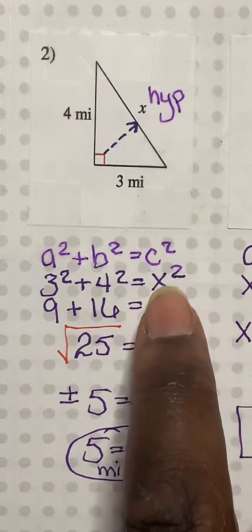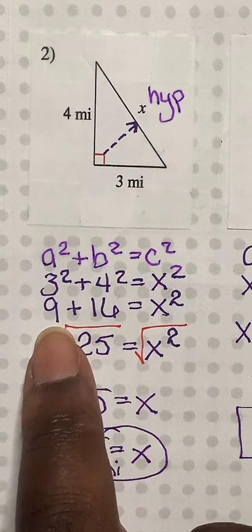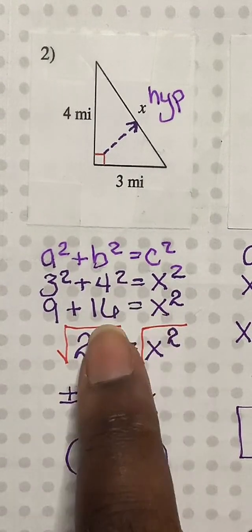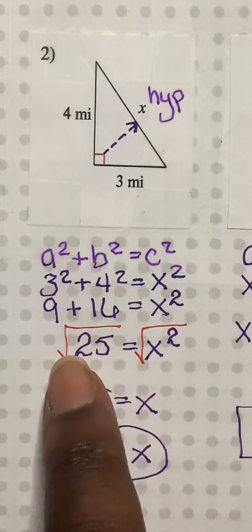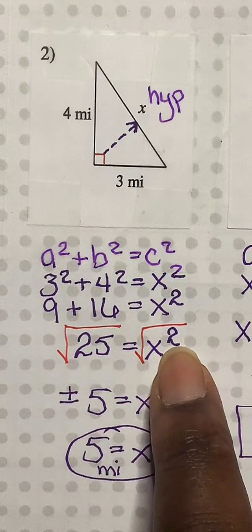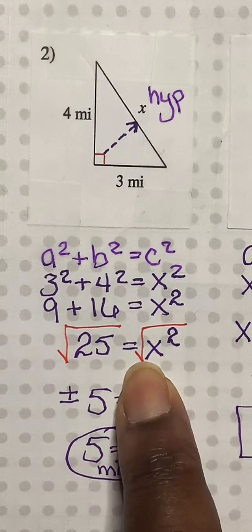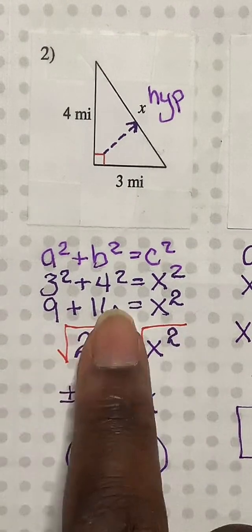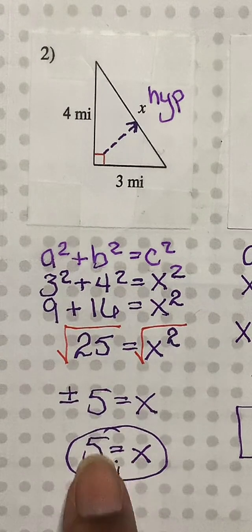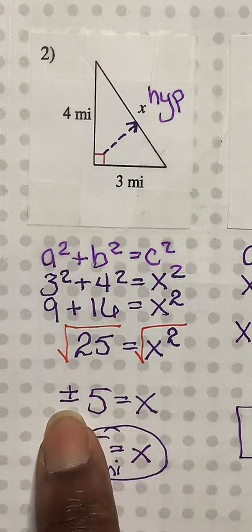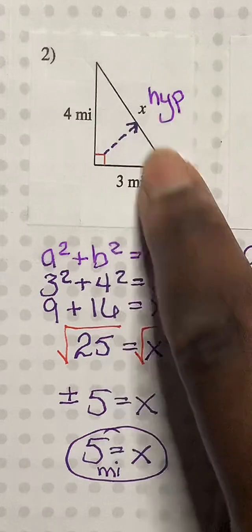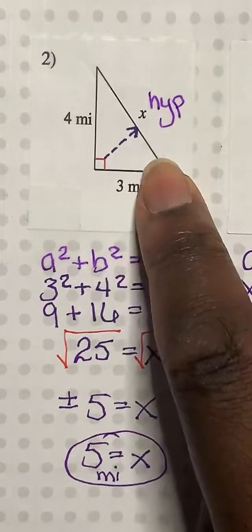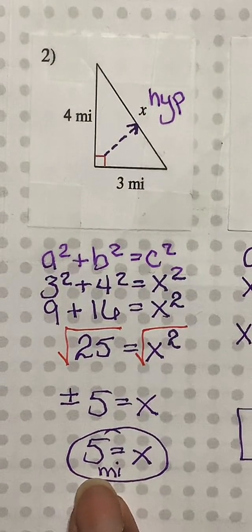That's my hypotenuse. So 3 squared gives me 9. 4 squared gives me 16. 9 plus 16 is 25. In order for us to get rid of this square, we have to do its inverse, which is the square root. Once we did the square root, just like the first one, we're going to get a positive and negative 5, but we can't have a negative length of a side. So that's why we focused on the positive.